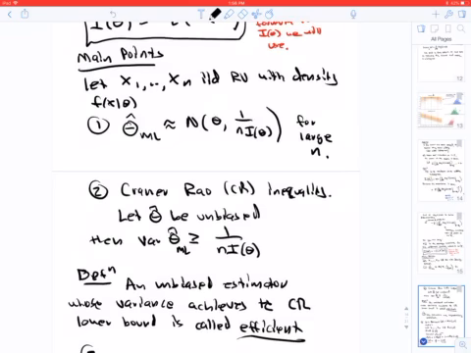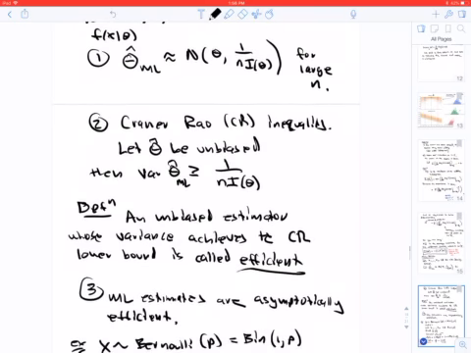So now the main points are that if you have a number of IID random variables with density f(x given theta), then the ML estimator is approximately normal with mean theta and variance 1 over n times the Fisher information.